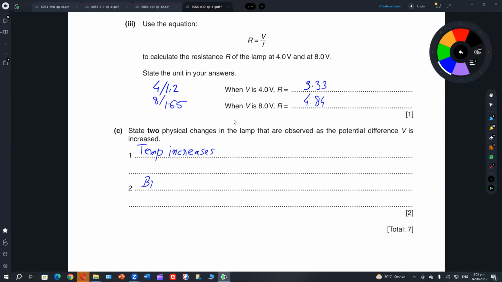And second should be the brightness. Does resistance not increase? But he's talking about physical, which is visible or audible, which is observable. Resistance definitely is increasing, but it's not a physical change. It's not visible. Okay.